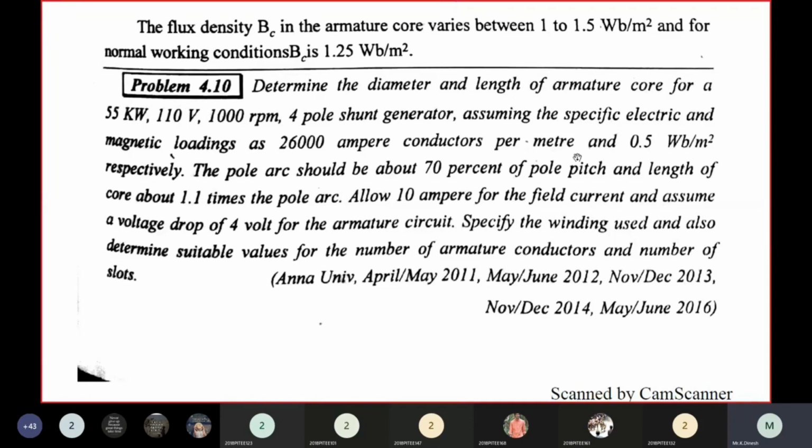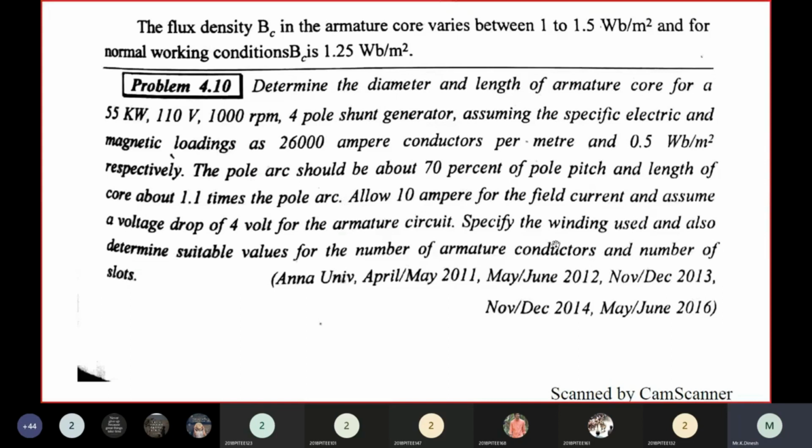The pole arc should be about 70% of pole pitch and length of core about 1.1 times the pole arc. Allow 10 ampere for field current and assume a voltage drop of 4 volt for the armature circuit. Specify the windings used. Also determine the suitable values for the number of armature conductors and number of slots.